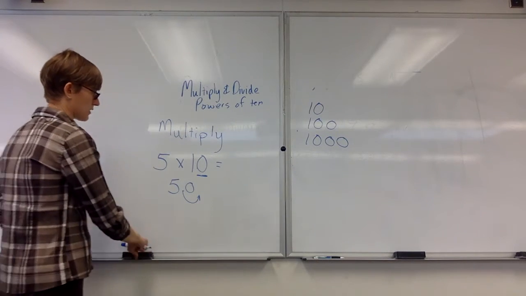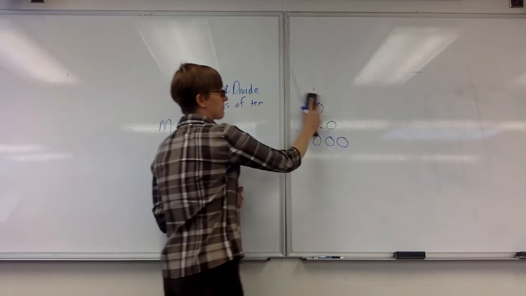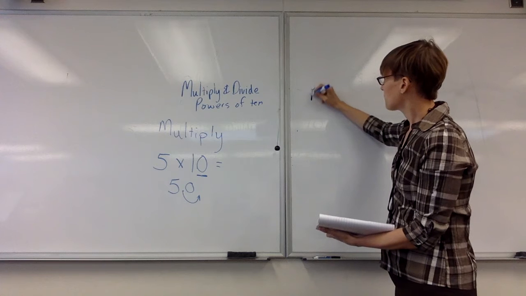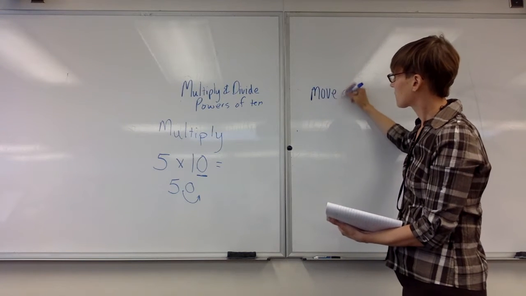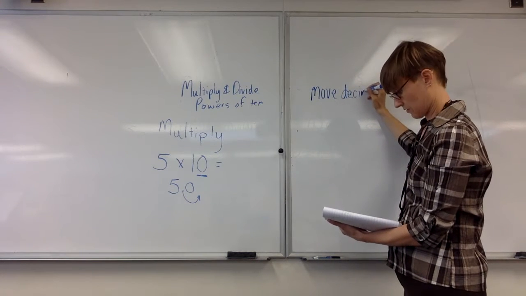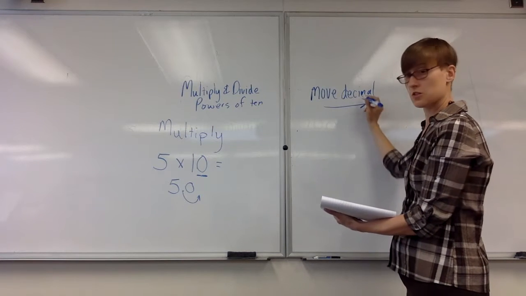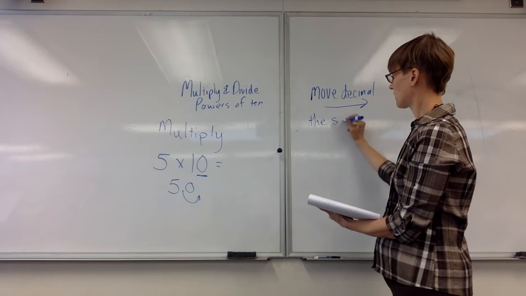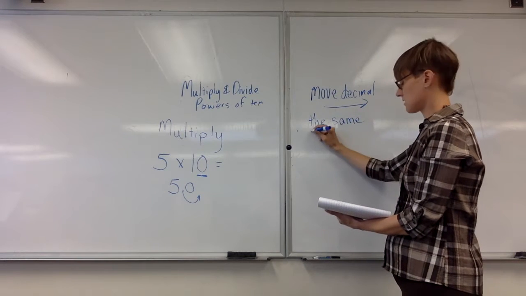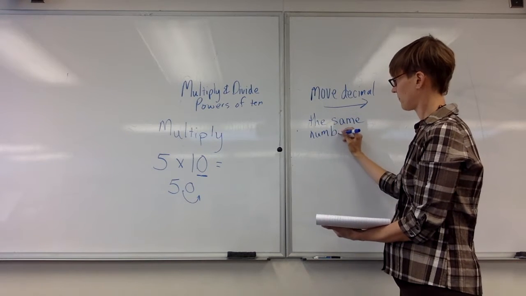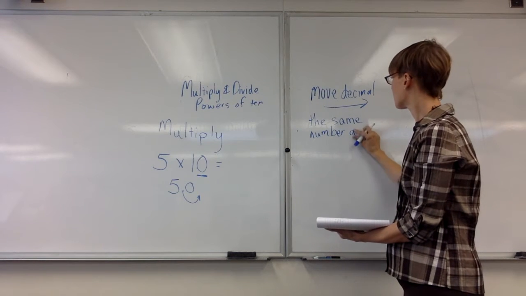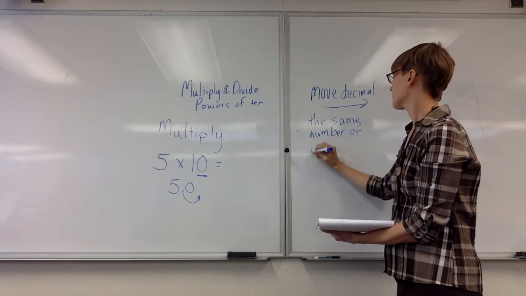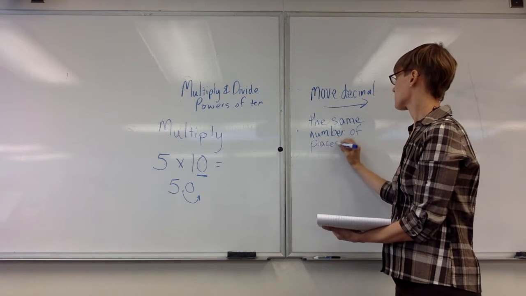So the rule that I can use with multiplication of powers of 10 is that I move my decimal to the right the same number of places as there are zeros.